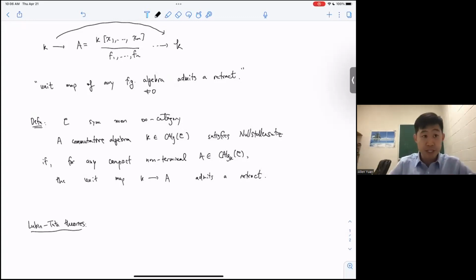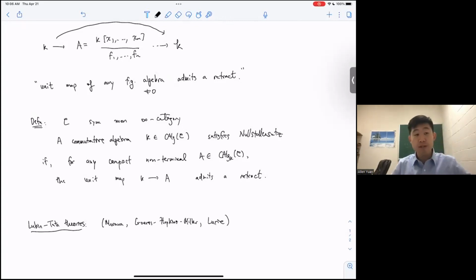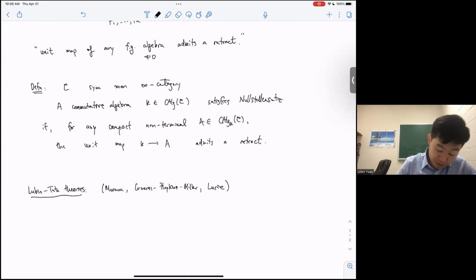So I'm just going to review these briefly to set some notation. So these Lubin-Tate theories were first introduced by Morava, and subsequently they were studied by Goerss, Hopkins, and Miller and Lurie, who produced these as commutative or E-infinity ring spectra. And the construction involves two inputs.